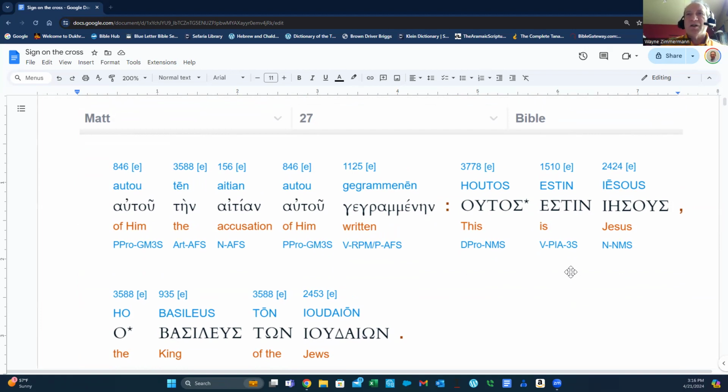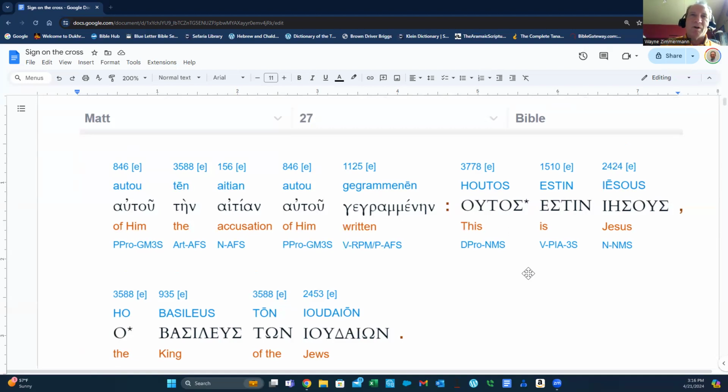But what you'll see here, circling it with my cursor, are these letters that are all in capitals. This is the writing in Greek that was ascribed in the book of Matthew to be on this sign. And what's interesting here is they're put in capital letters.